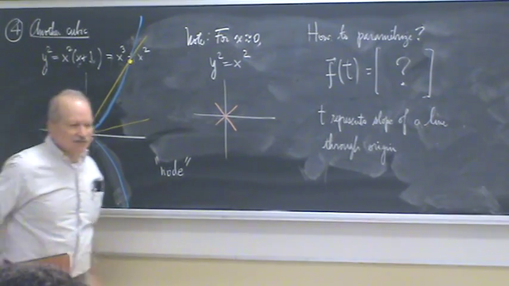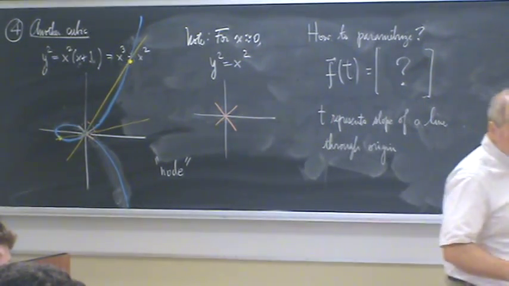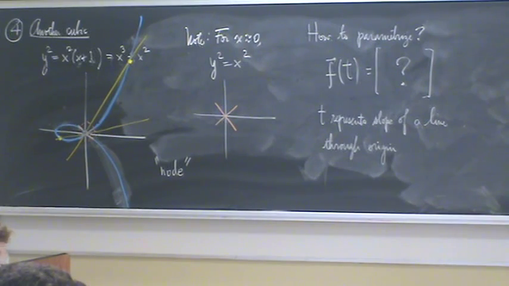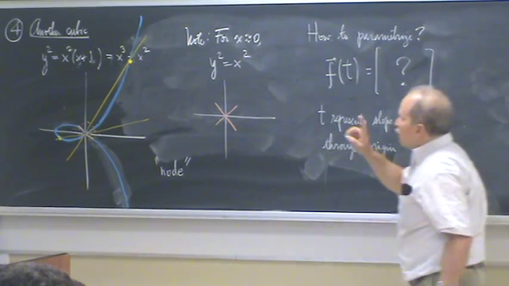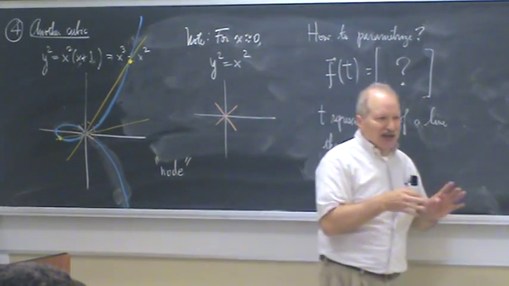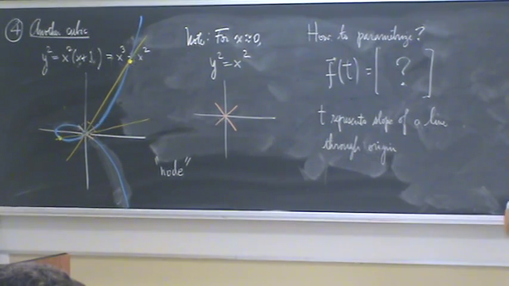Does this come from the interpretation of the graph of f of t? No, because that would be in 3D. This is actually a little bit of introduction to algebraic geometry, which is fancy and you don't need to worry about it.